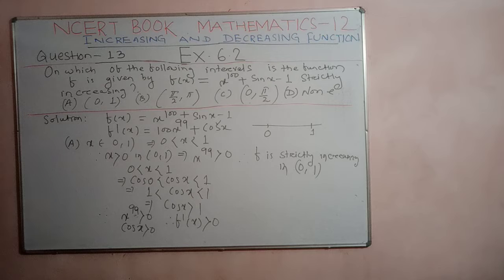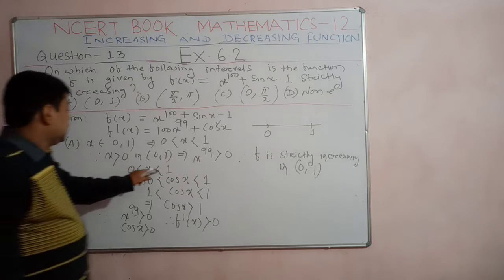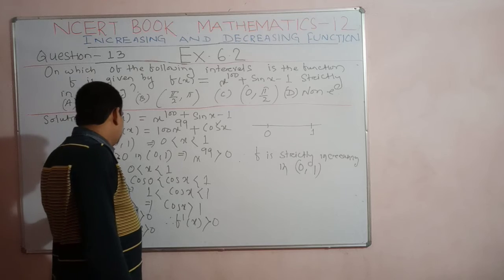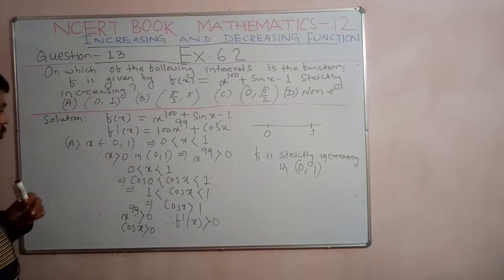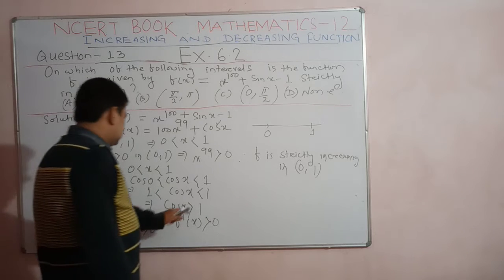We saw, once again, 0 < x < 1. Here the domain lies between 0 and 1, and we know the cos value when the angle lies between 0 and 1 is always positive. That's why cos x is greater than 0.